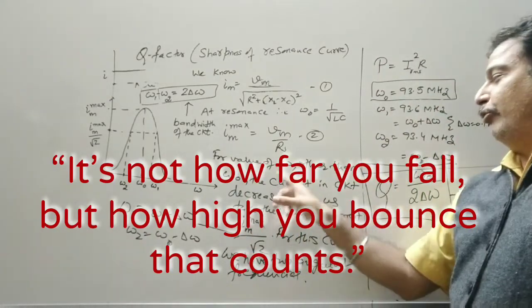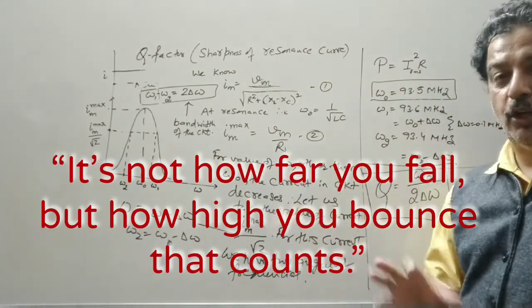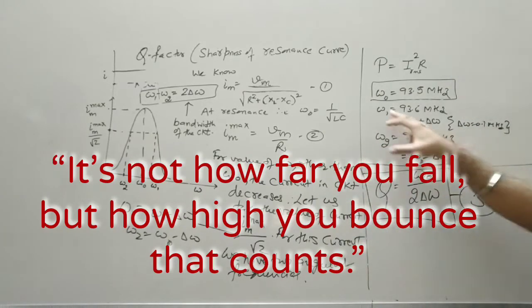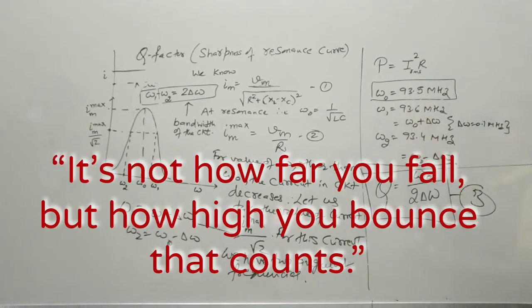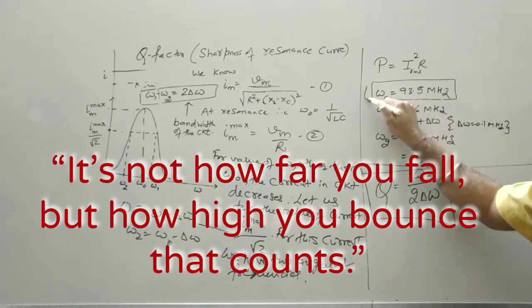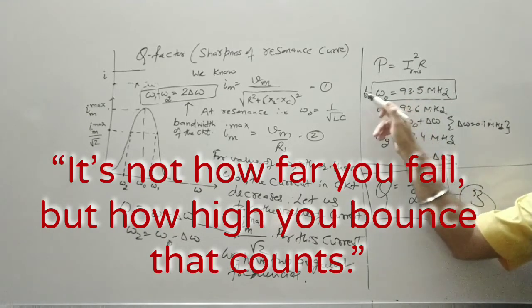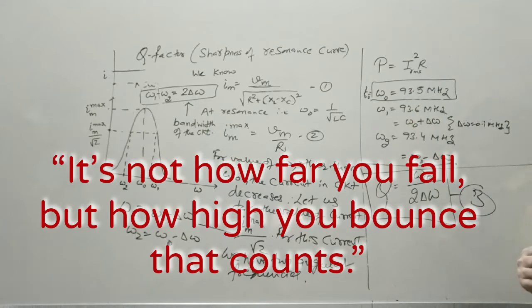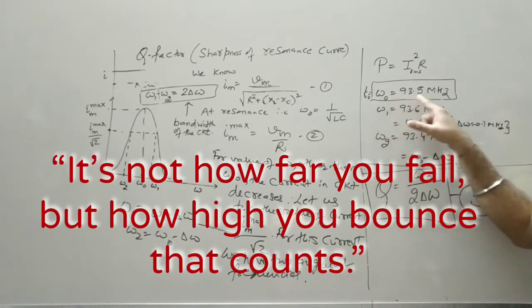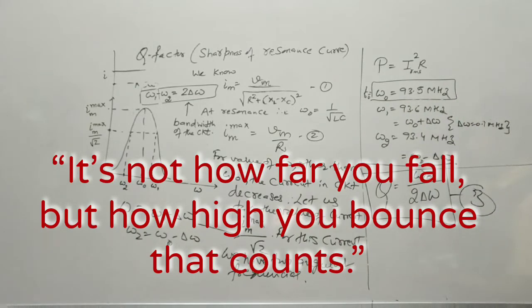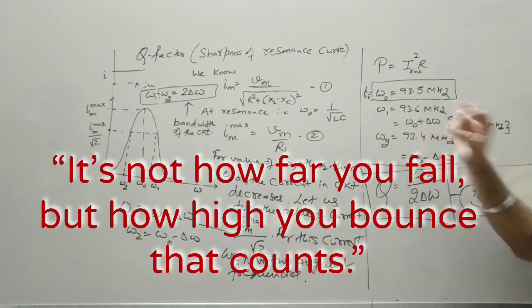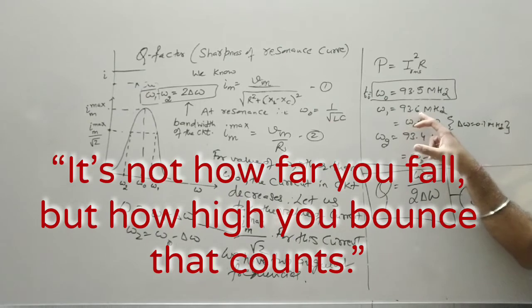Now for values of omega other than omega naught, this is actually f naught, but we have written it as omega naught. You can convert omega naught into f naught by the 2 pi f formula. Suppose our f naught is 93.5 megahertz, and omega 1 is taken as 93.6.